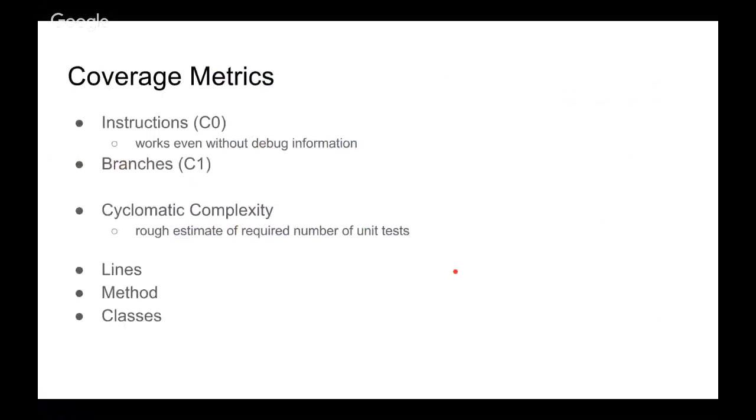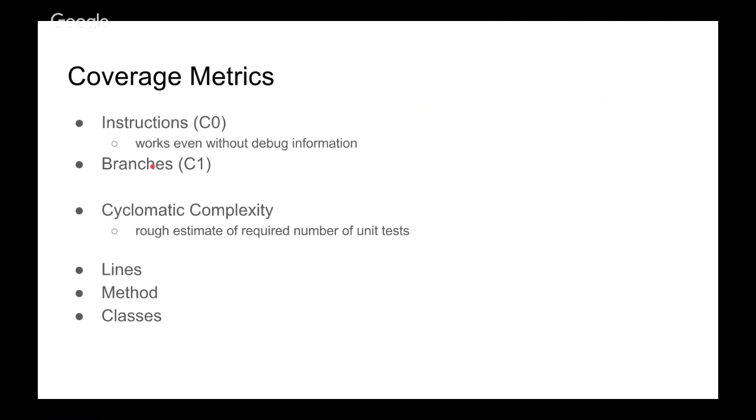The most basic information we can provide is the number of covered instructions, and instructions here means actually bytecode instructions. So the little pieces we see within the compiled class files, the bytecode instructions which are consumed directly by the JVM. JaCoCo or EclEmma works on bytecode. We will learn about this. This is the most basic metric we offer, and the advantage here is that it works even without any debug information. It works on any class file you can execute in the JVM.